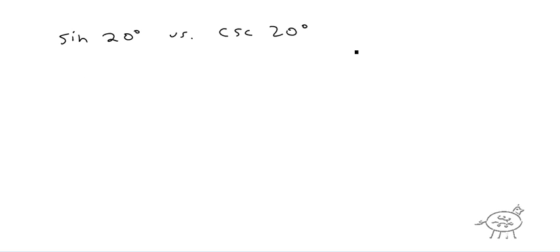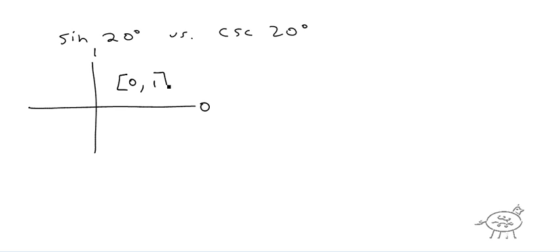So let's compare sine again. Sine is between 0 and 1, so it's going to be a decimal between 0 and 1. And isn't cosecant 1 over sine of 20 degrees?